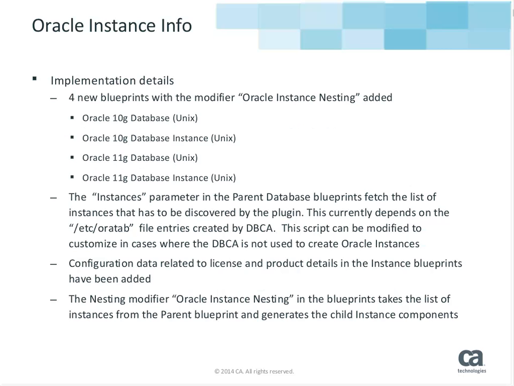This script may be modified to customize the cases where DBCA is not used to create the Oracle instance. There's a little bit of work, and there's also information in the release notes and the documentation.